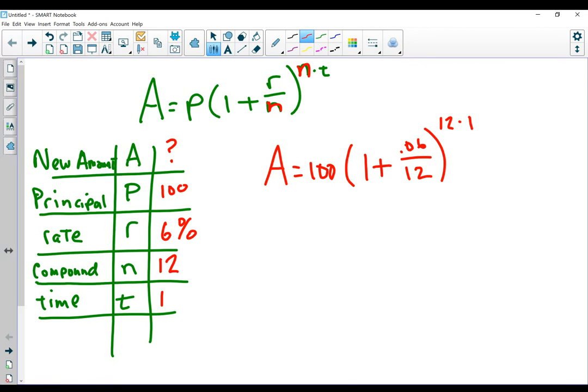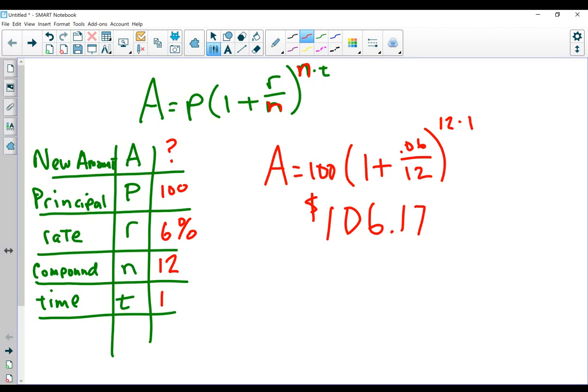And now I'm going to do that on my calculator. It's not much more than $106, but it's more. It's $106 and about 17 cents. You guys can confirm that with your calculator.